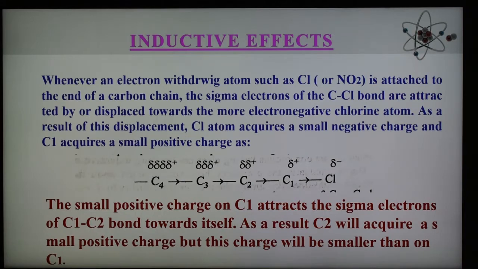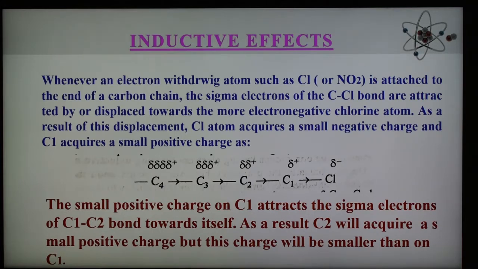This effect can still be transmitted further to carbon 4, carbon 5 and so on, but the intensity goes on decreasing with the distance. This type of sigma electron displacement along the saturated chain of atoms due to the presence of a polar covalent bond in it is known as the inductive effect.